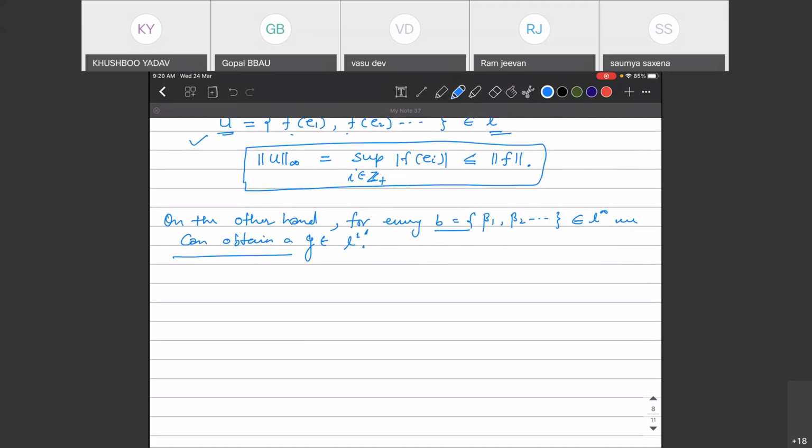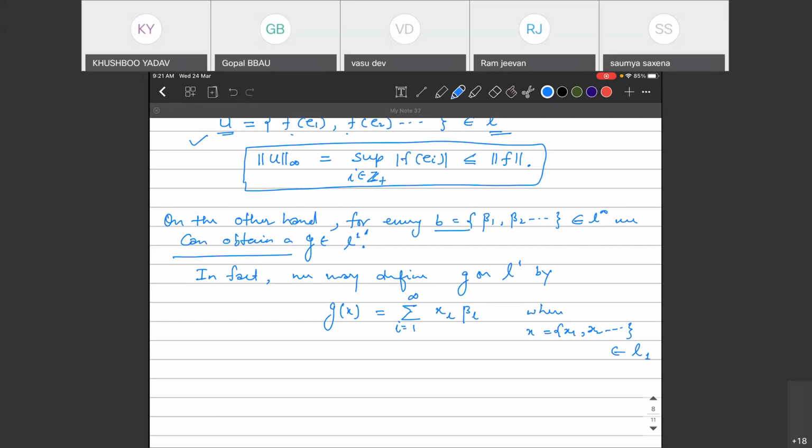How do we define it? In fact, this g can be defined on L1 by gx equal to the summation i runs from 1 to infinity of x_i beta_i, where x is x1, x2, and so on, in L1.